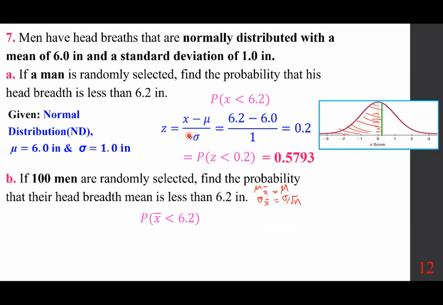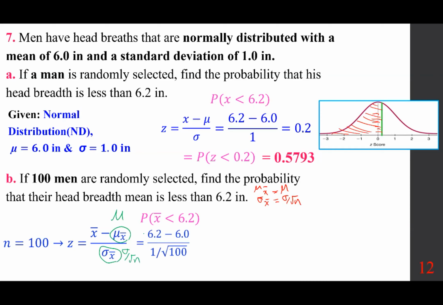Instead of sigma, I'm going to put sigma of X bar, which is sigma over square root of n. And the result is, in essence, that the previous number is getting multiplied by square root of 100, which is 10. So 0.2 becomes 2 in essence.